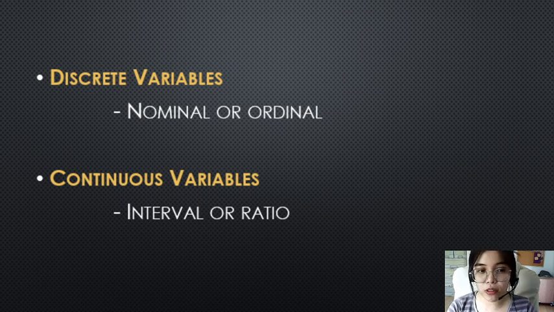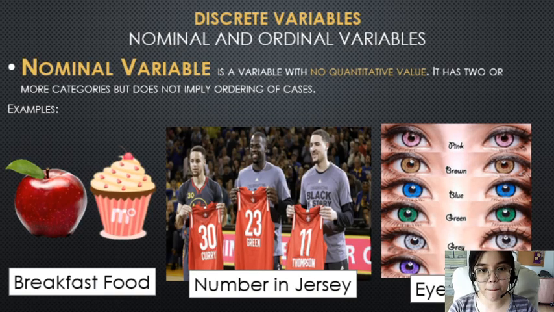Kapag naman kay continuous variable, our keyword here is measurement. Continuous variable has something to do with measurement. That's the keyword. So, tandaan. So, ibig sabihin, si interval or ratio ay it has something to do with measurement.